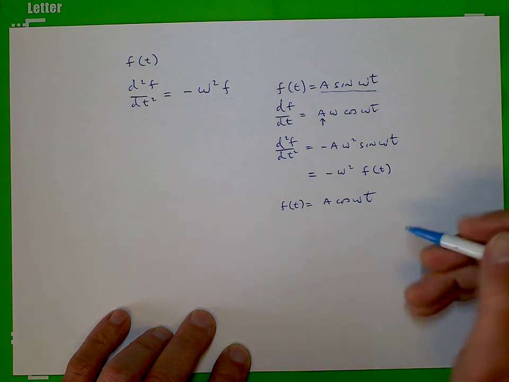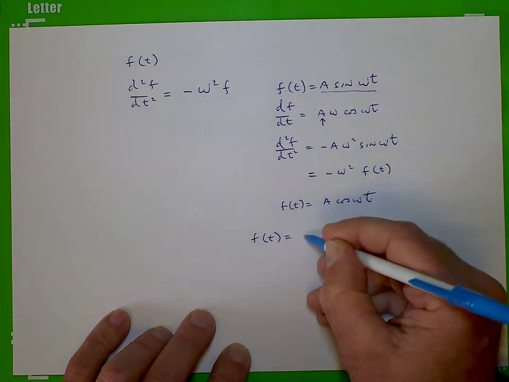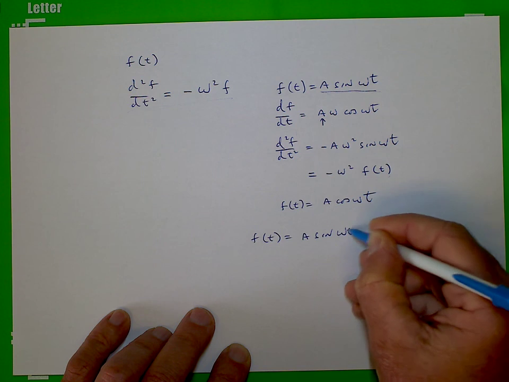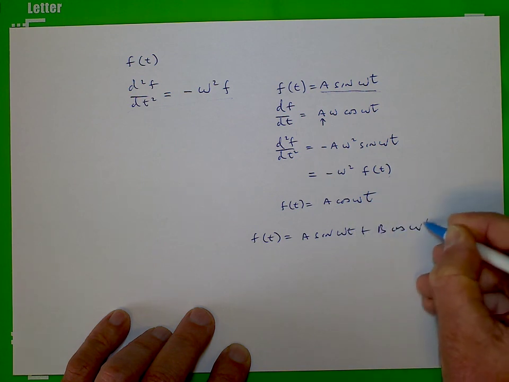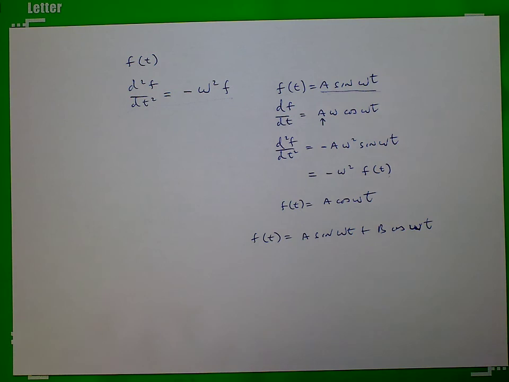And if that's a solution, then of course f of t equals a sine omega t plus b cos omega t is also a solution. So there are lots of possibilities that will be a solution for this equation.